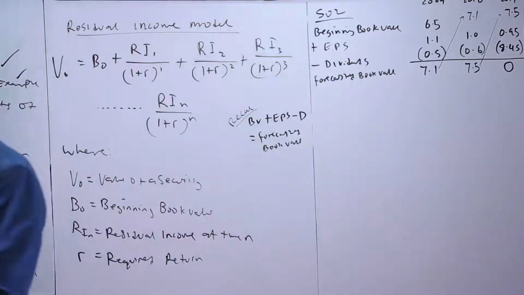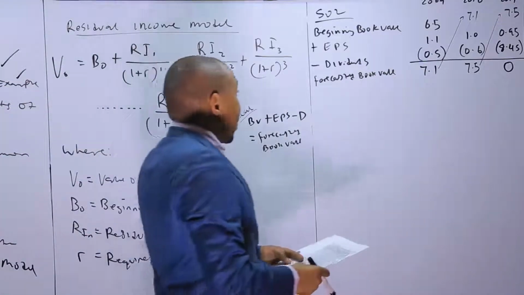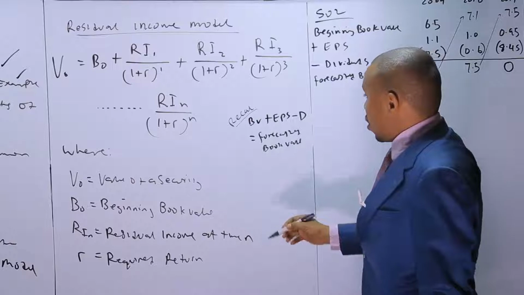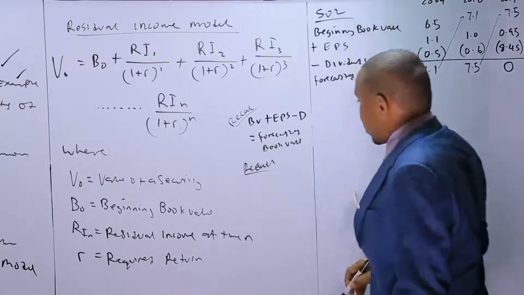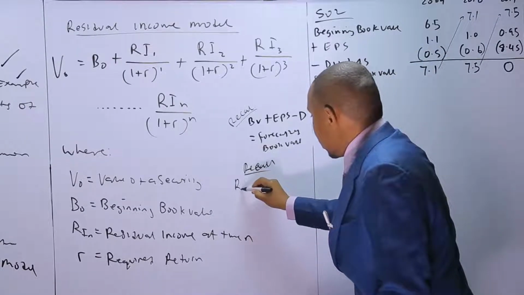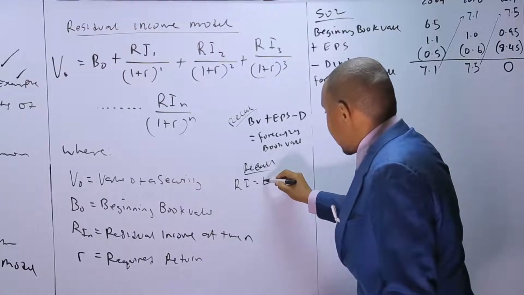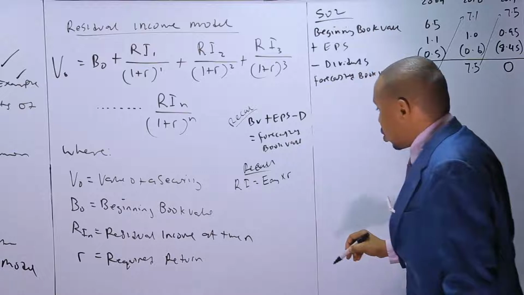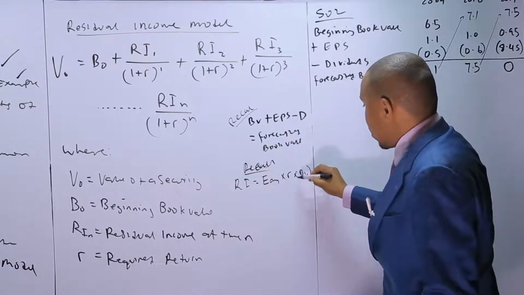Now, once we've computed the forecasted book values there, we proceed and get the residual income. Recall, what we are saying is that to get the residual income, we have residual income given as the earnings times the cost of equity, which is the required return, multiplied by the book value of equity, like that.